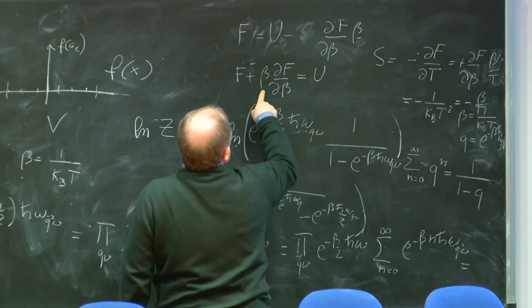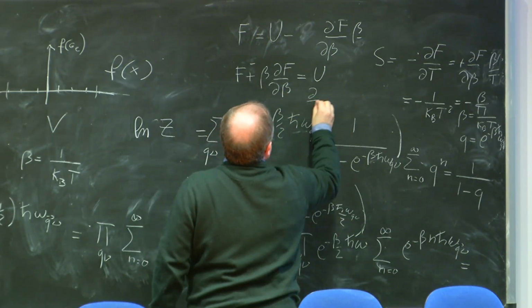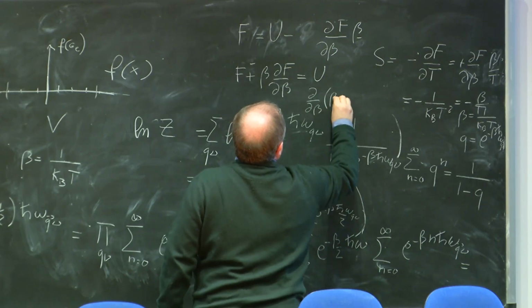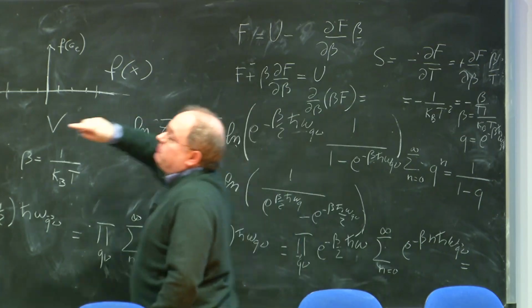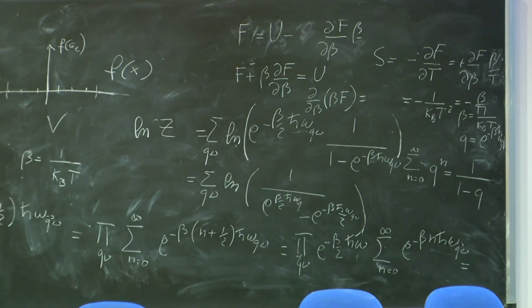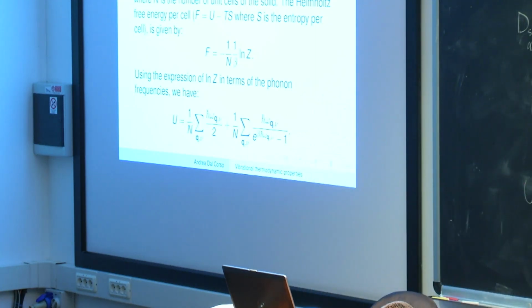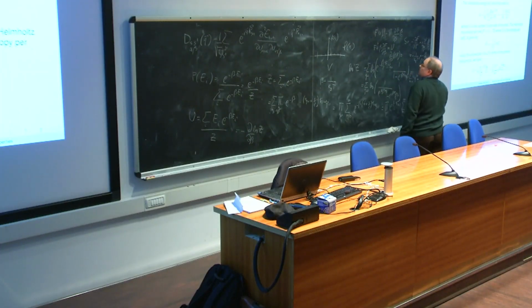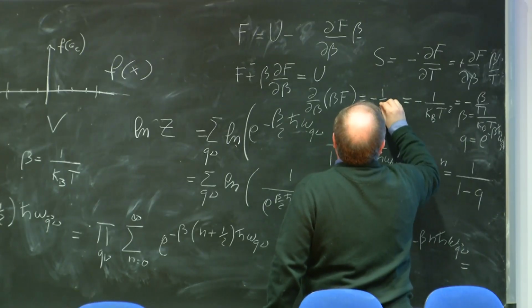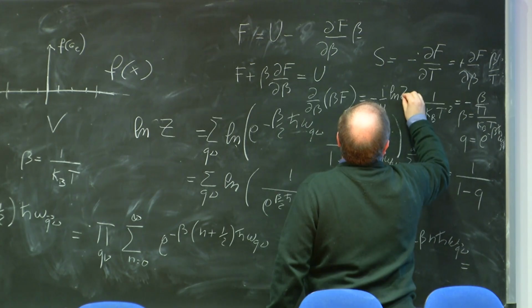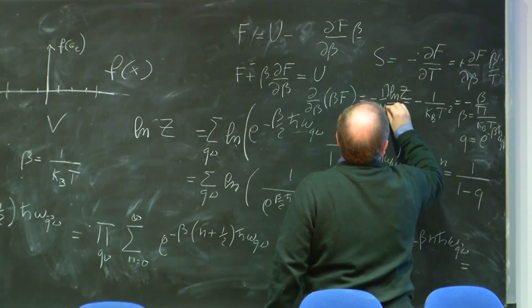And so you can see that this is d over d beta of beta F. And this is U, and we have seen that U is 1 over N d over d beta of the logarithm of Z. So this is minus 1 over N logarithm of Z, d over d beta.